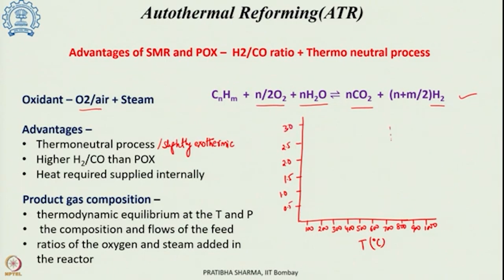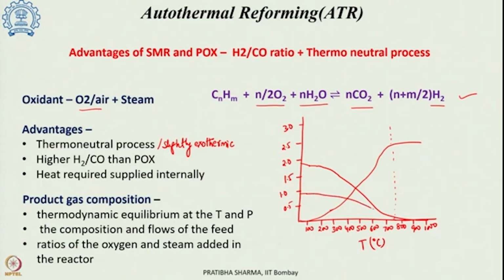Now this is roughly around 750 degree centigrade, that the amount of hydrogen we get rises and goes to about 2.5 moles. The amount of steam being used in the process goes down, forming the desired products. The methane, which is the reactant here, is being consumed in the process.